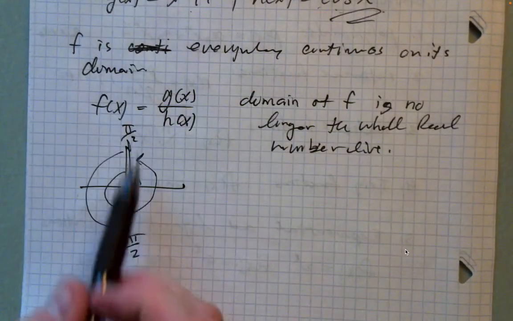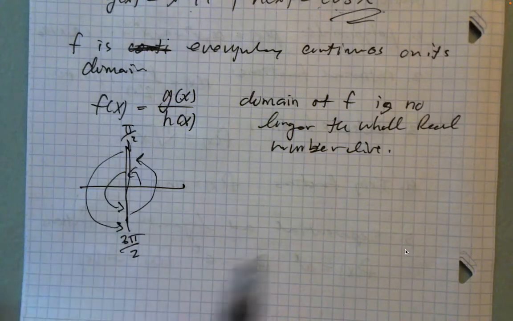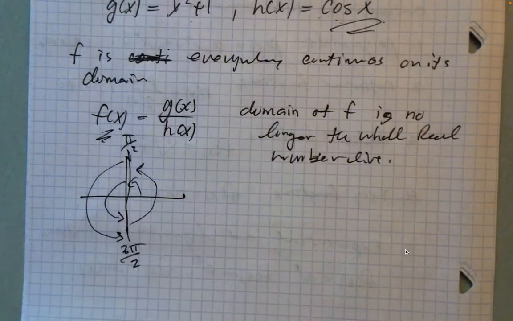So every time cosine is equal to 0, that value of x is not in the domain of f. But the left-hand limits and the right-hand limits are going to work there still, right? So you still have continuity on the domain, right?